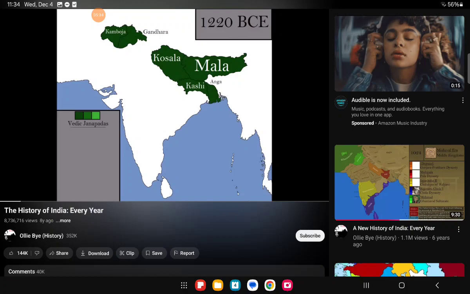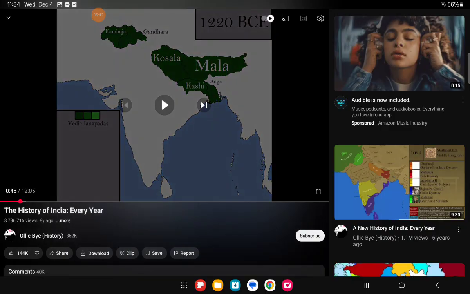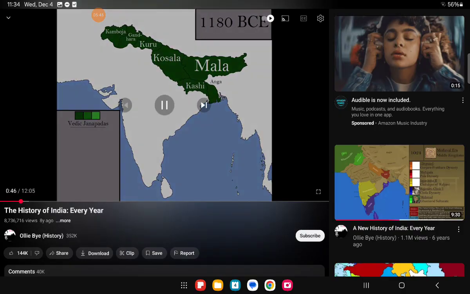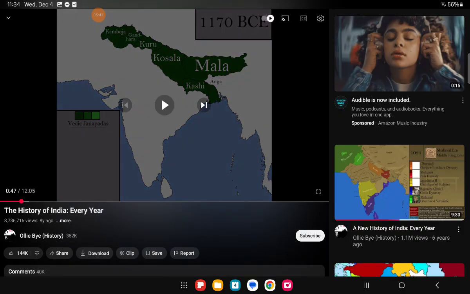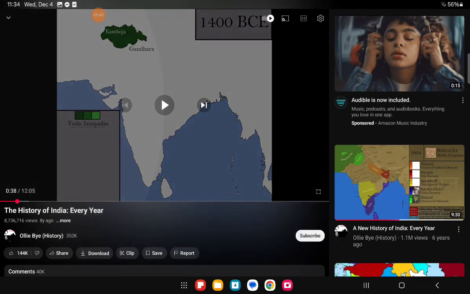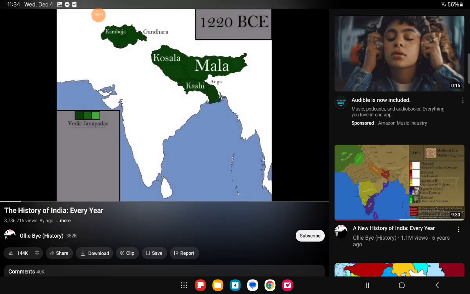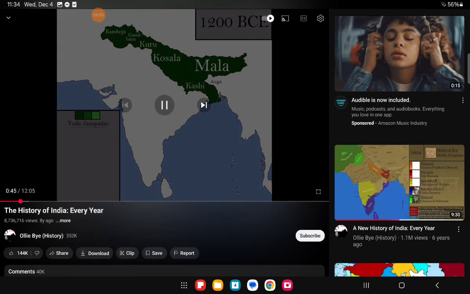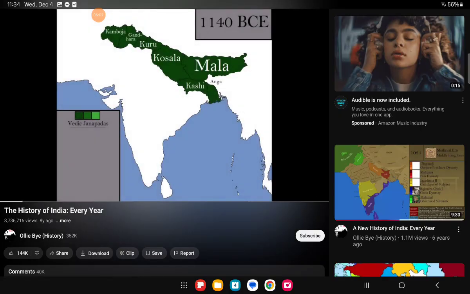And then Kashi's like below that, so maybe around a little more of West Bengal and some of Jharkhand, I'm guessing. Oh, look, Kuru appears. Kuru's here. I think that's around Uttarakhand. Vasta's down there.